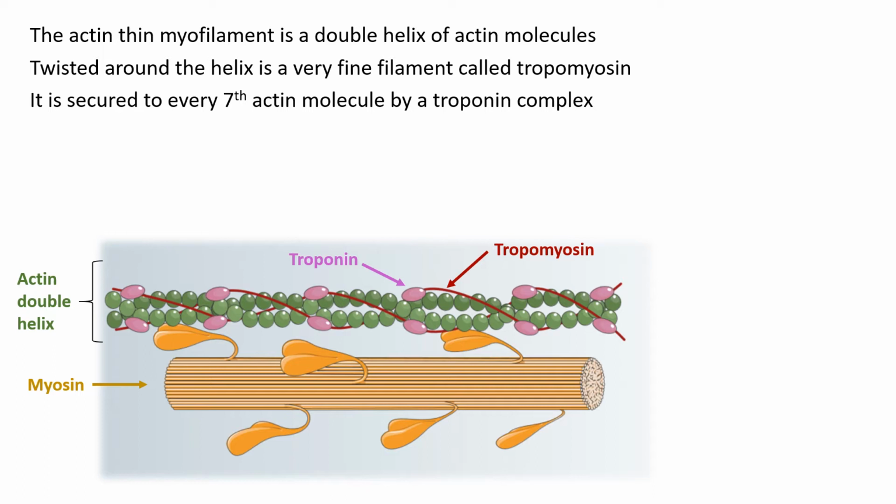So therefore it sums up this little small complex of 3 subunits. Tropomyosin is a long word. So that's the long filament that wraps around, secured by troponin.